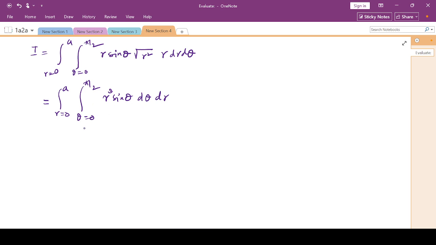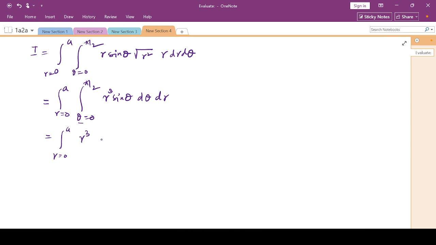So first I am going to integrate with respect to theta. For that, r runs from 0 to a, keep it as it is. Now with respect to theta, r cube is a constant, so I am writing it outside.